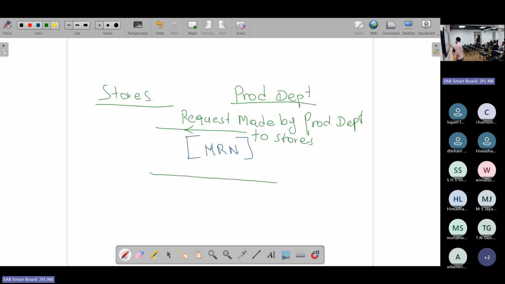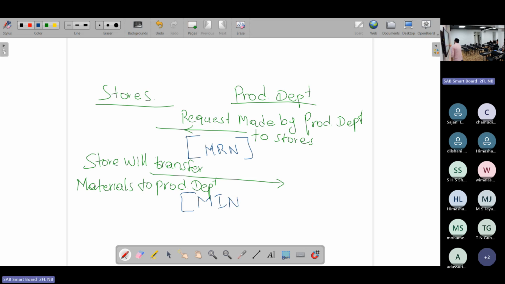After that, stores transfer to the production department. For that, the document is the material issue.